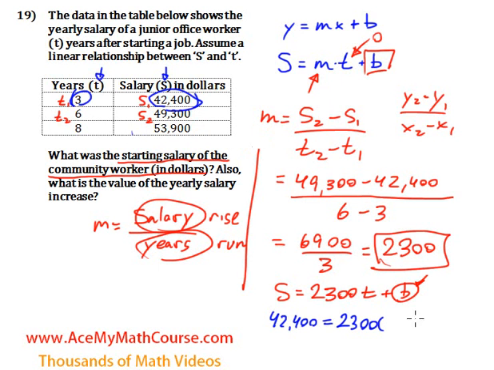So we can essentially plug the coordinates in for S and T. So T is 3 and B we don't know. So let's solve for it.